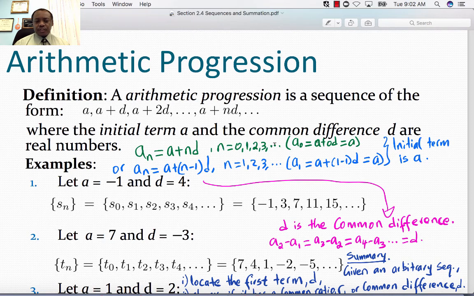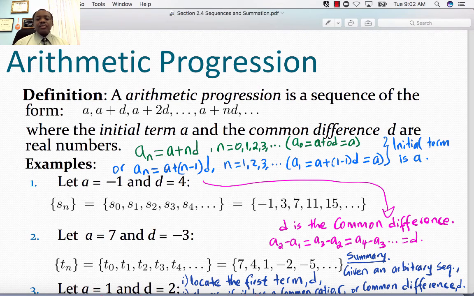So the first term will be a0, and that will just be a. Then the next term, and the next term, and the next term. Or if I'm going to start from 1, 2, 3, then the term in n, an, is going to be a plus (n minus 1)d. And when n is 1, I have 1 minus 1, that is 0. So the first term will be a1, which is a.